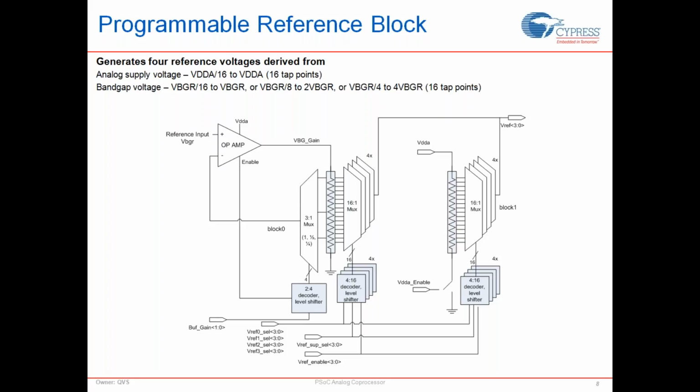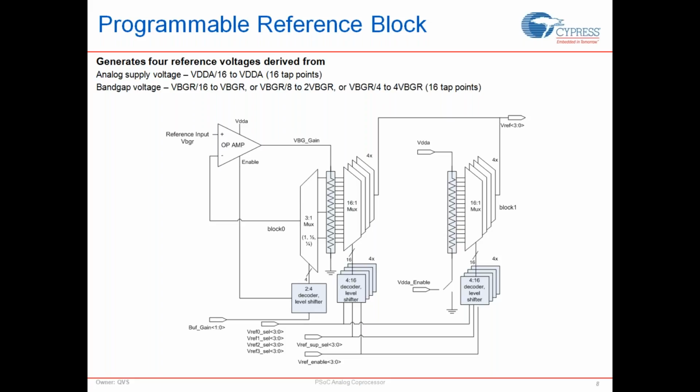So this reference is important when you're trying to do some kind of an absolute measurement of some voltage out there. You can take this reference and divide it by using multiple resistor dividers and get up to 16 taps, which means you have up to 16 options that you can get, which is a divided version of that reference.